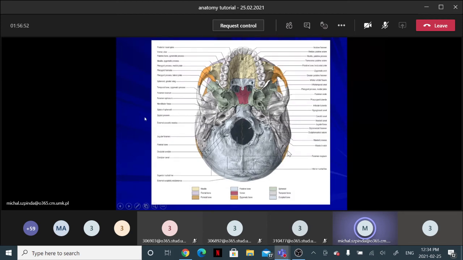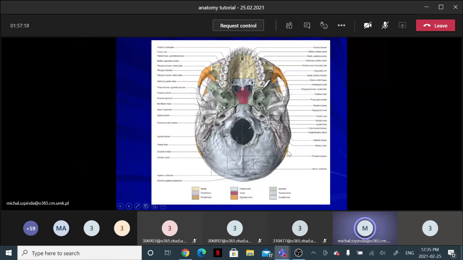And in the greater wing, we have 2 very important foramina. The bigger oval foramen ovale and the much smaller foramen spinosum.